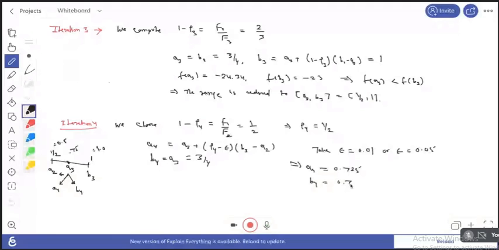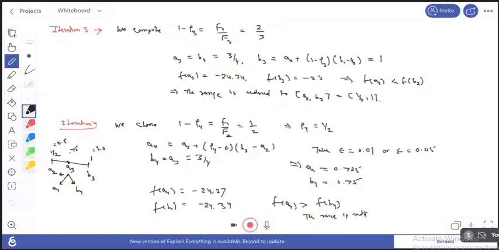Then you have to find the functional value at A4 and the functional value at B4. At A4 you find this is 24.27, and at B4 this value is minus 20.34. So here f of A4 is greater than f of B4, so your range is reduced to the interval A4, B3, which equals 0.725 and 1.